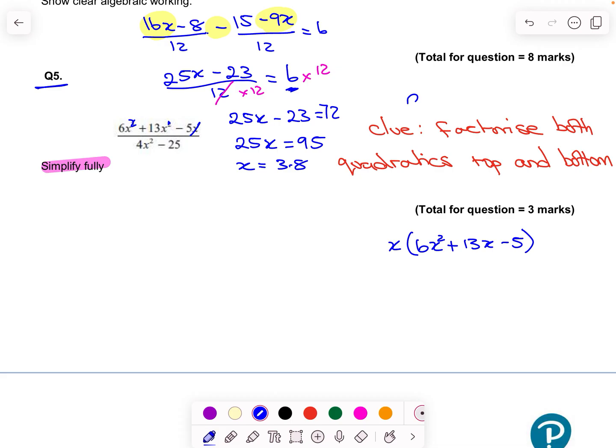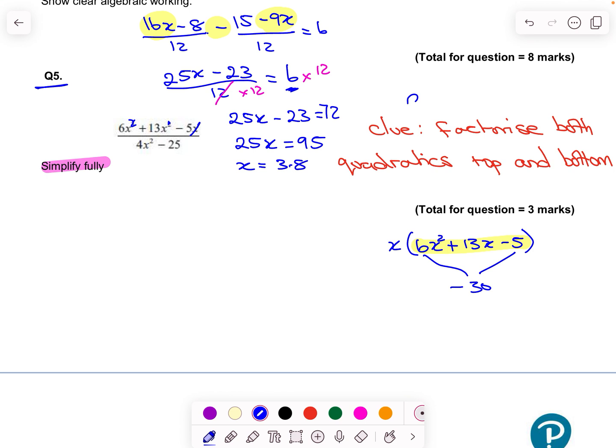Then I just need to factorize this bit, which is what we learned in class. We multiply these two, so 6 times minus 5 is minus 30. I'm looking for two numbers that multiply to make minus 30, but add to make positive 13.